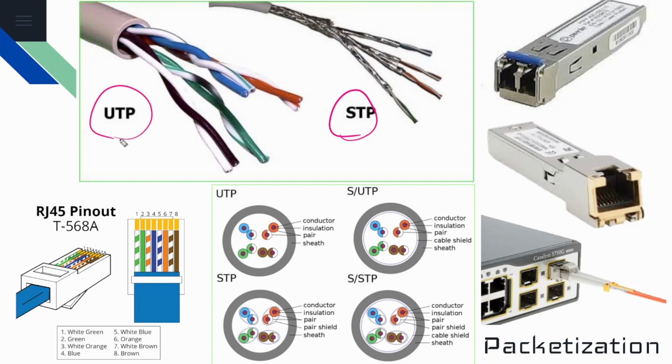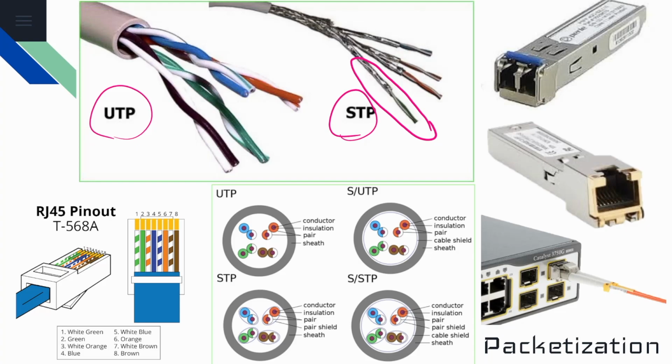However, if you take a look at the shielded twisted pair, you'll notice that the wire pairs are enclosed by an outer shield that helps further reduce electromagnetic interference.